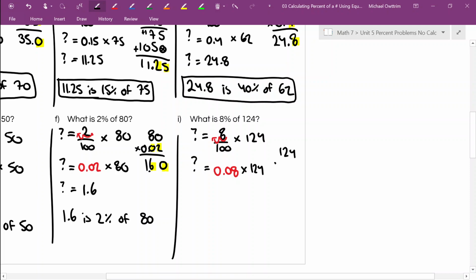Multiply. 8 times 4 is 32. 8 times 2 is 16, plus 3 is 19. 8 times 1 is 8, plus 1 is 9. We've got 2 digits in decimal places. Question mark equals 9.92. So 9.92 is 8% of 124.